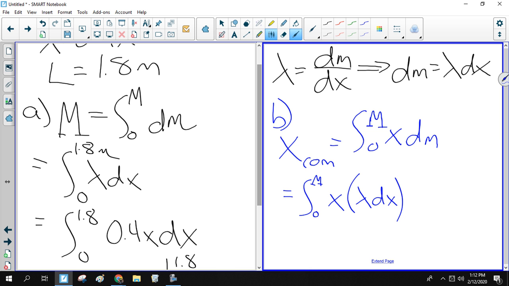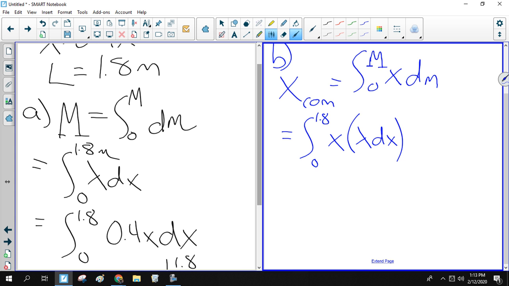Oh, shoot, but I made a mistake. What did I do? I'm no longer adding up chunks of mass. I'm now adding up chunks of length. So I got to change my bounds of integration. I got to go from 0 to 1.8 because that's my length, right? Follow? All right, so now I'm going to substitute in lambda.